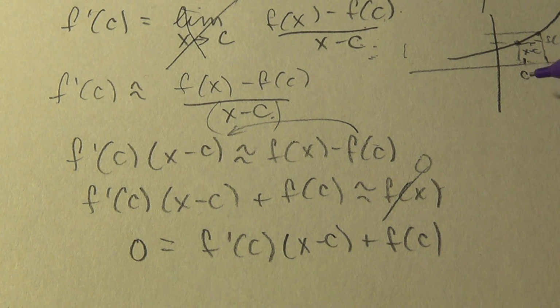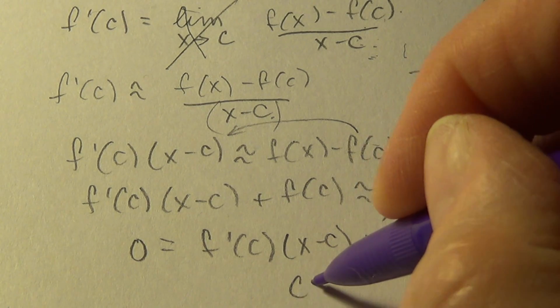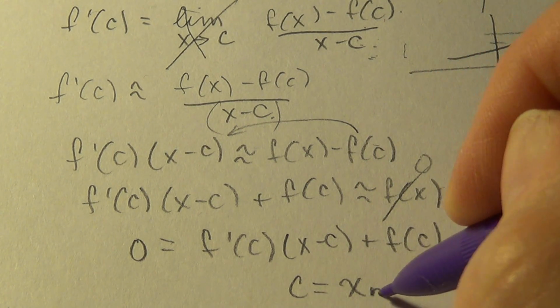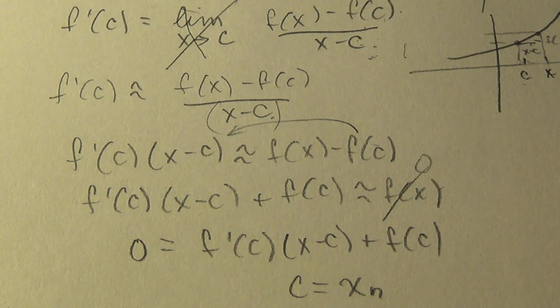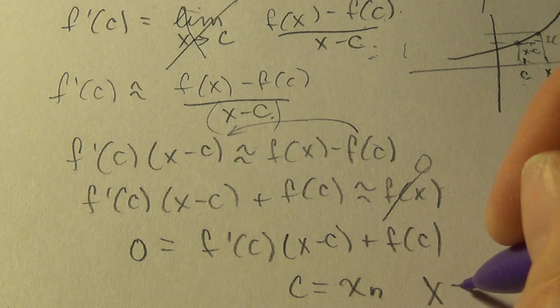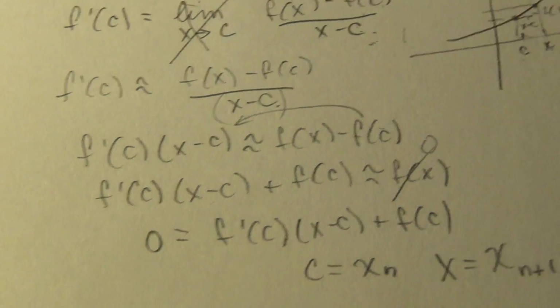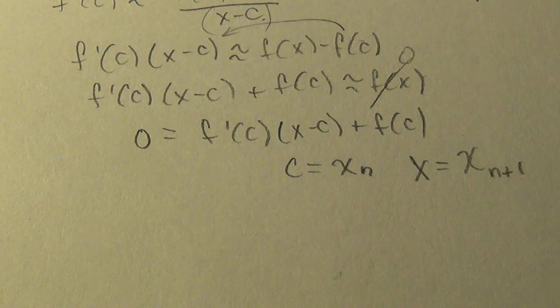Remember the c value right here? Let's just call that x sub n. So we're going to just rename c to be x sub n, and then this x over here is going to be x sub n plus 1. You'll see why this makes it a little clearer to use.